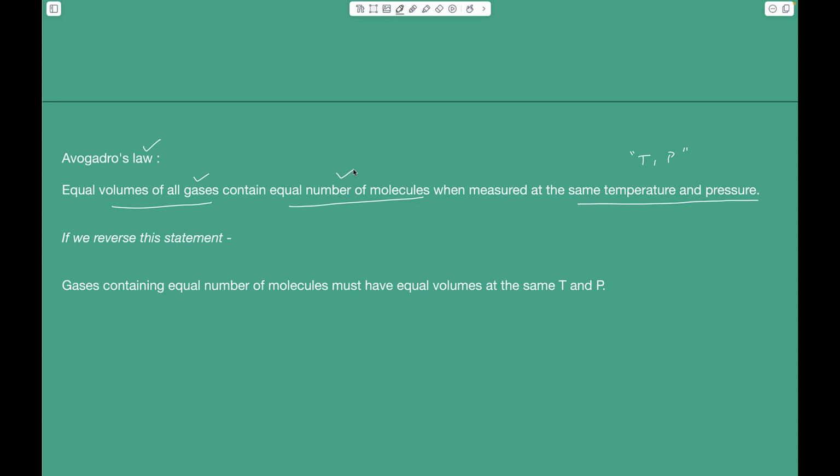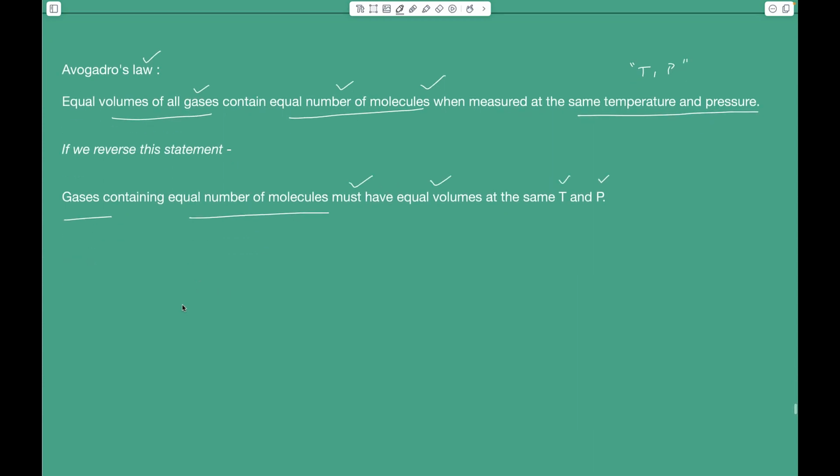Now, can we reverse this statement? That is, can we say if we take gases containing equal number of molecules, then do they have equal volume when measured at the same temperature and pressure? Yes. If this statement is true, then the converse must also be true in this case.